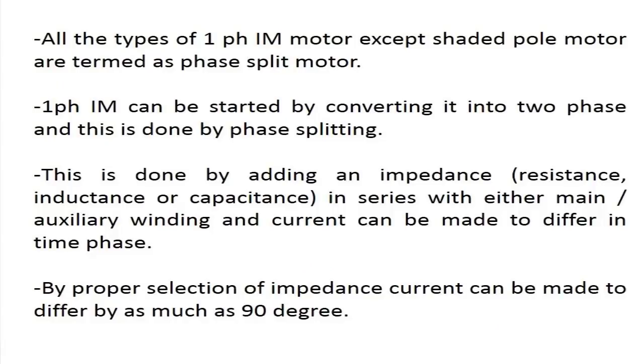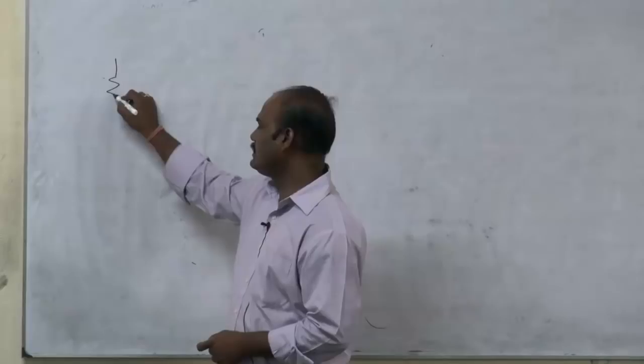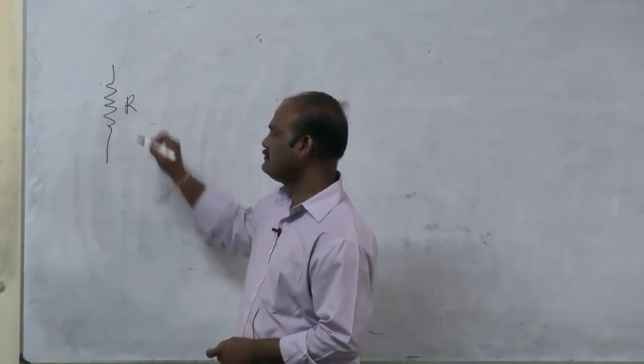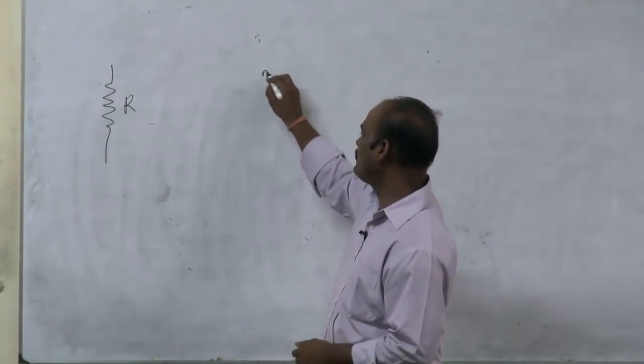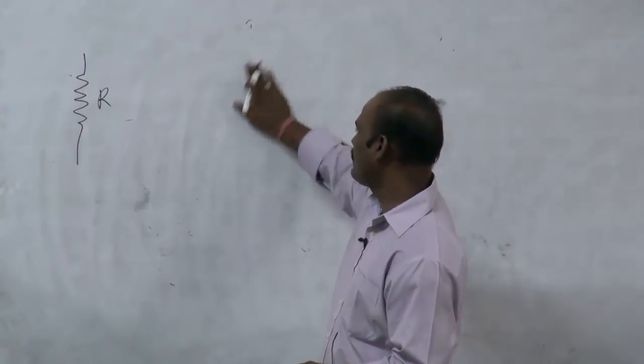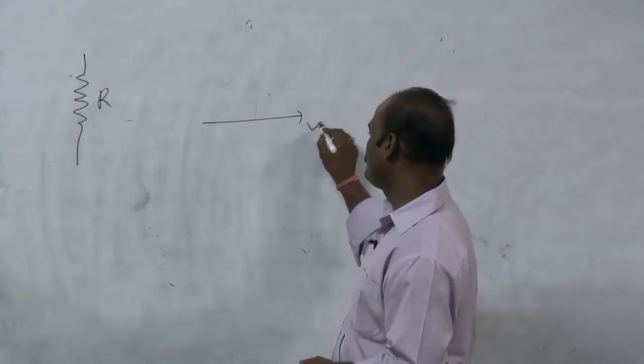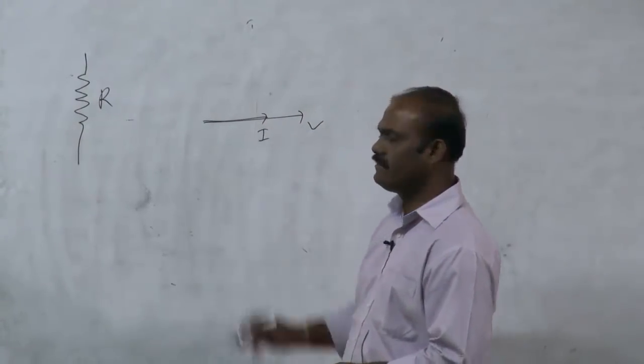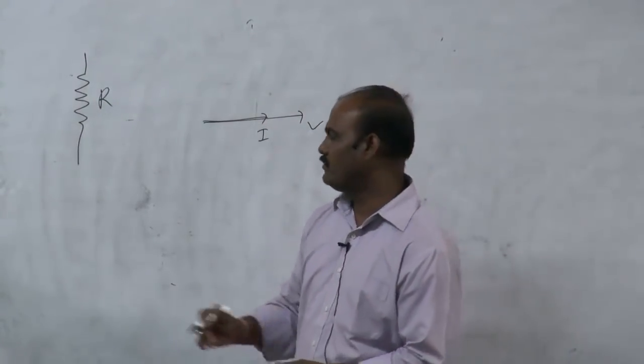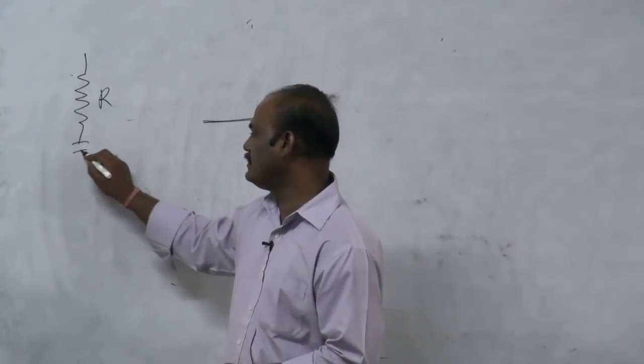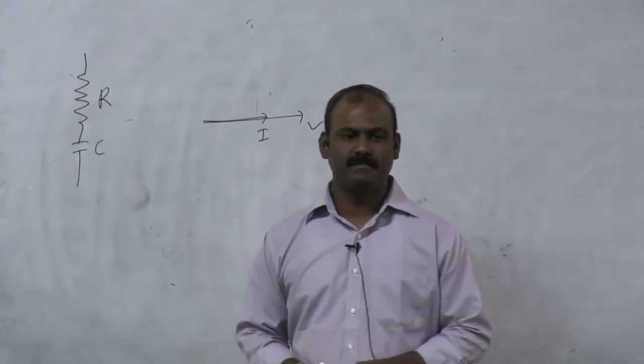So split phase, how we can split phase? Because the basic concept will be there, right? So if you have a resistance, what is the phase angle between V and I? Phase angle between V and I is 0. Suppose if you include a capacitor in this, what happens?